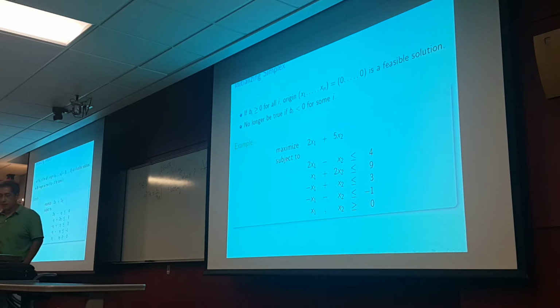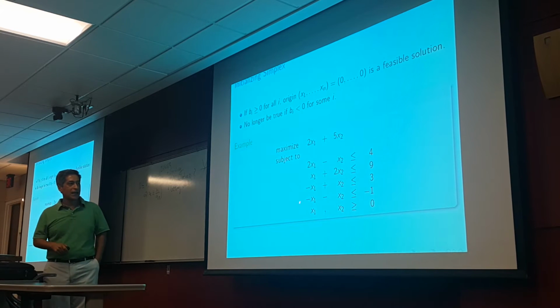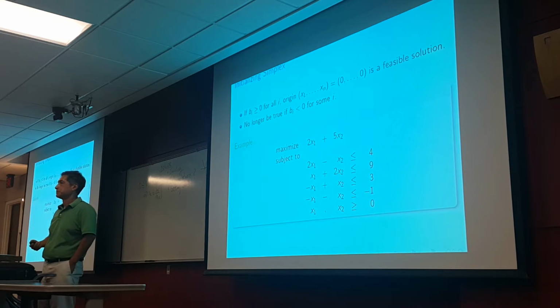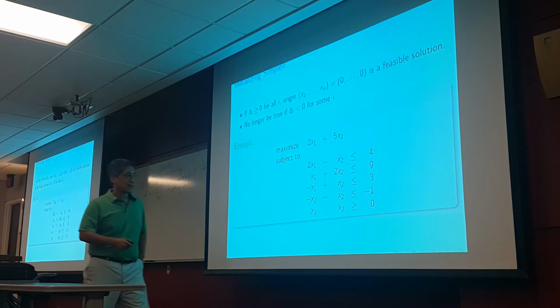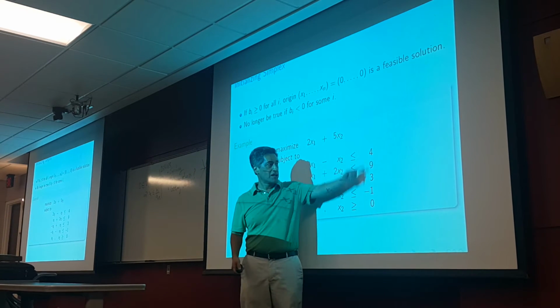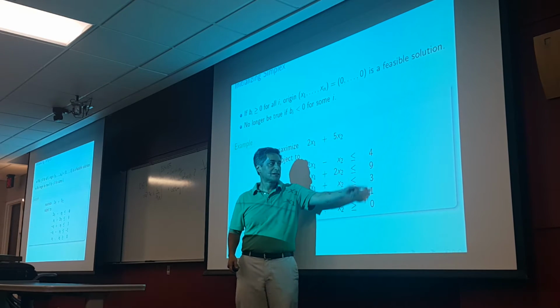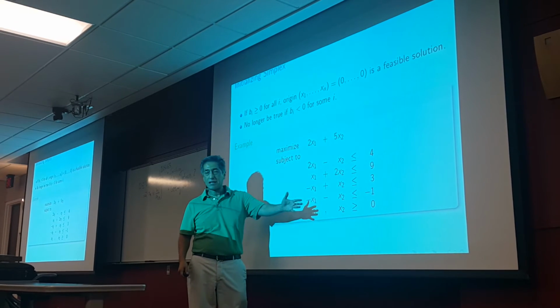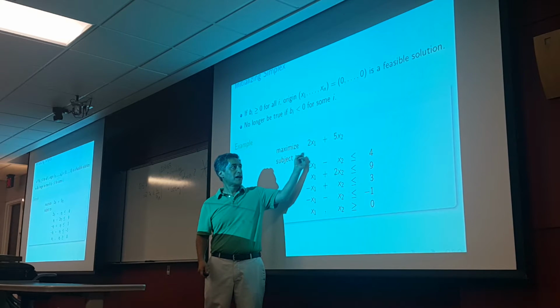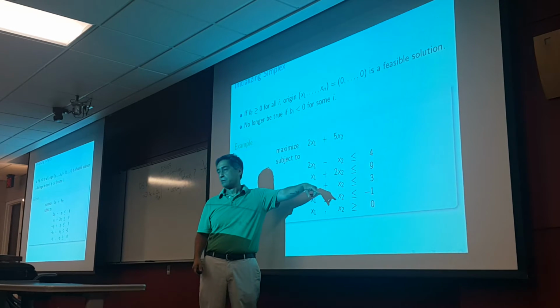So you can see here that I cannot just use x1, x2 equal to 0, because 0 is not less than negative 1. As long as these had all been non-negative, and this is in standard form, my choice of x equal to 0 would have been feasible.